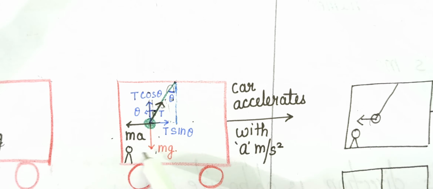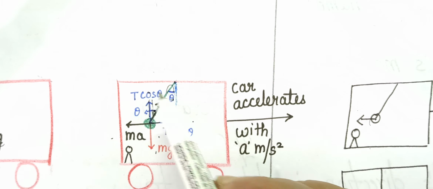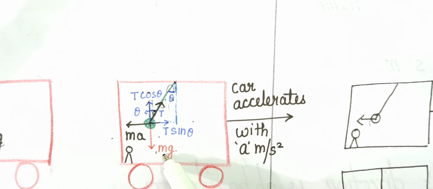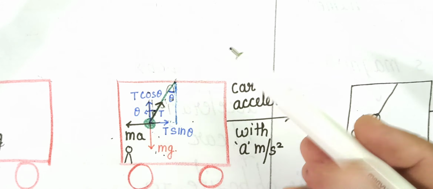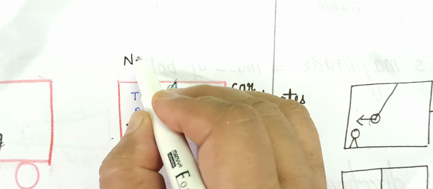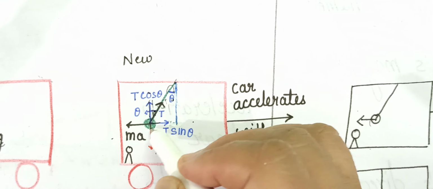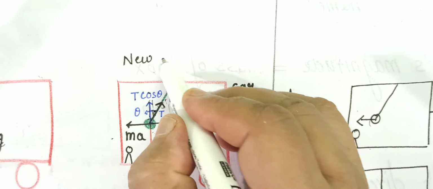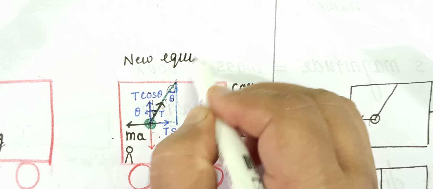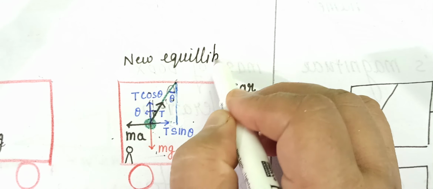Now Mr. A analyzes that T cos theta is balancing mg in this position, because this is the new equilibrium position of the bob. It is not the case that the bob keeps on moving towards the left. This is the new equilibrium position of the bob.